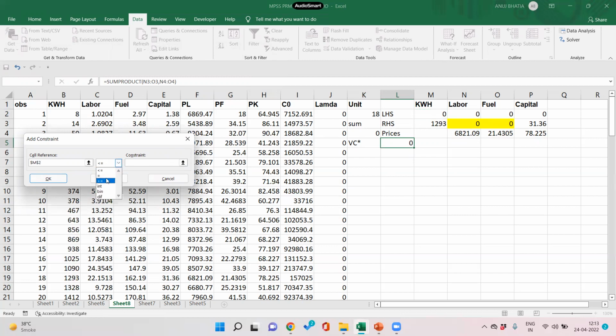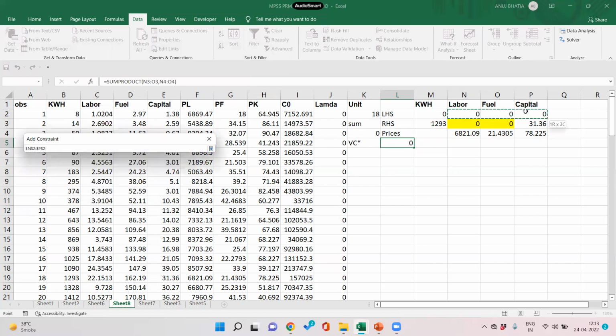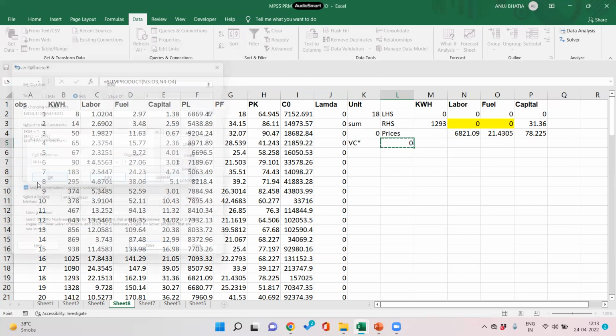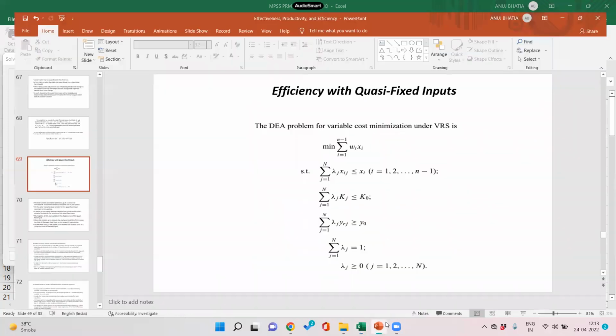Left hand side should be greater than or equal to right hand side. Add. For inputs, select all the array. Left hand side should be less than or equal to the array of right hand side. Add. Sum of weights should be equal to 1. Click on OK. These are the three.